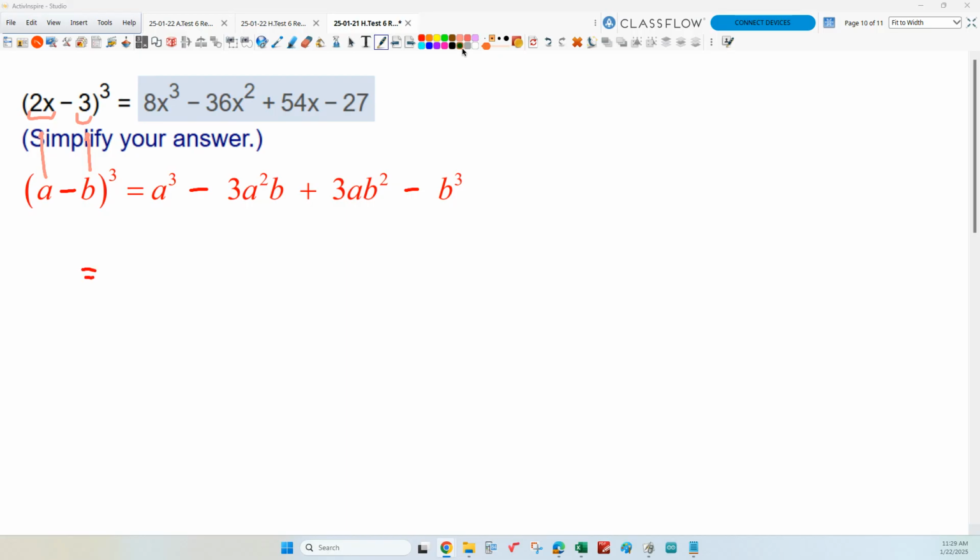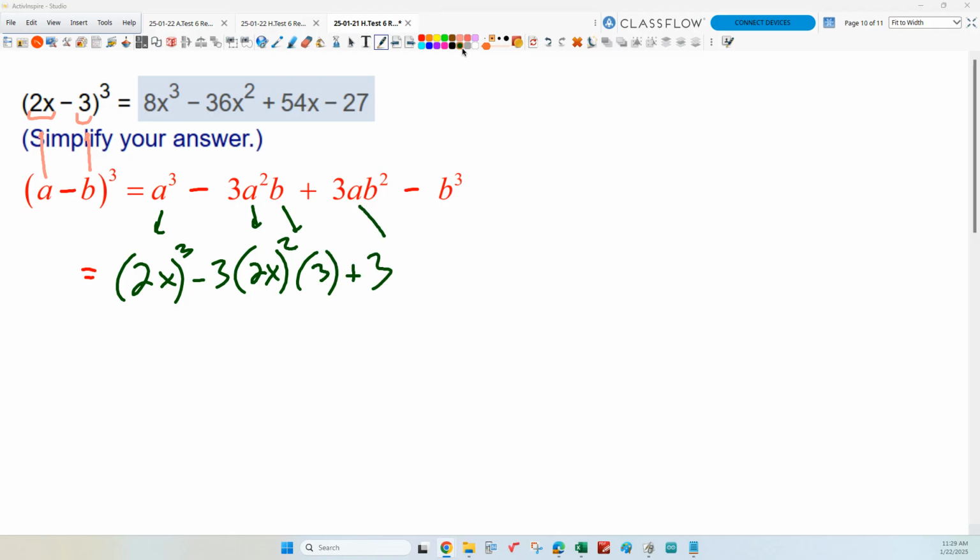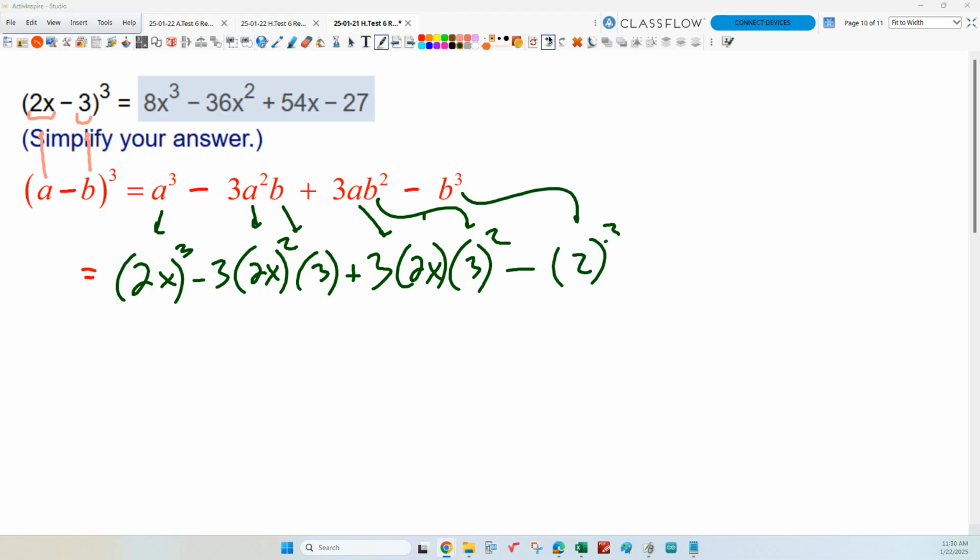make our substitutions here, that's going to be the quantity 2x cubed minus 3 times the quantity 2x squared times 3 plus 3 times the quantity 2x times 3 squared minus, oh, why did I put 2?